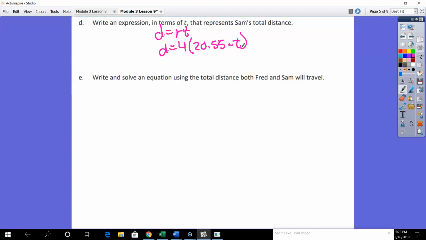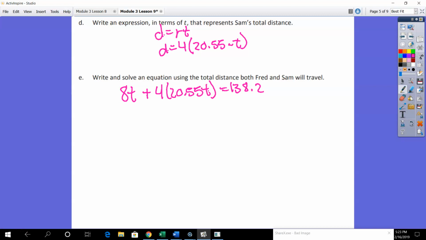So 8T is Fred, plus 4 times (20.55 minus T), which was Sam, and the total was 138.2 miles for the run bikeathon.